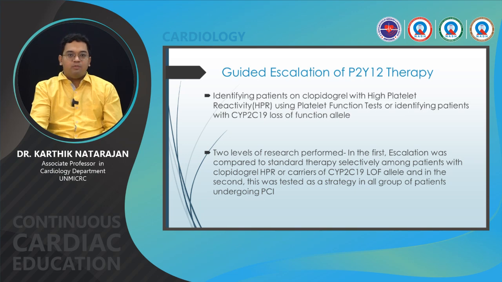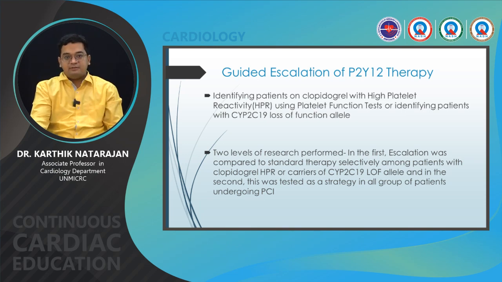The other group had a series of trials in which all patients underwent PCI. They were tested, either with pharmacogenetic testing or platelet function testing. They identified patients who would not respond to clopidogrel, and directly put those patients on ticagrelor or prasugrel.